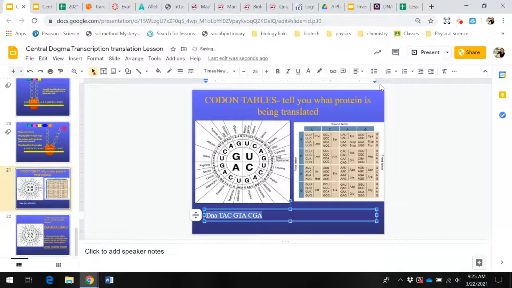All right, what is the mRNA strand that corresponds to this? So what's the mRNA then going to be? T goes to what? C goes to?